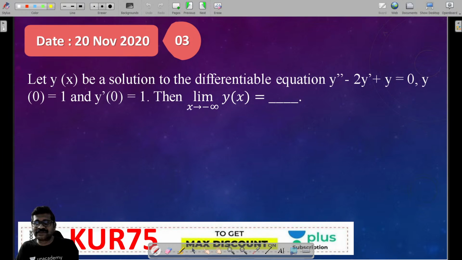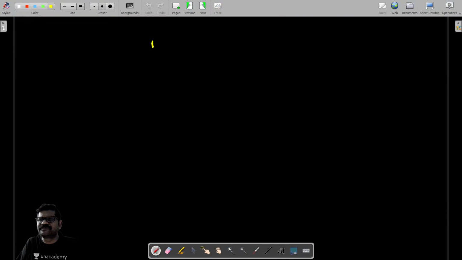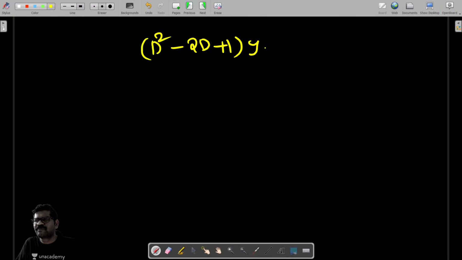Then limit x tends to minus infinity of y of x is... Here the differential equation is D square minus 2D plus 1 equal to 0, right?